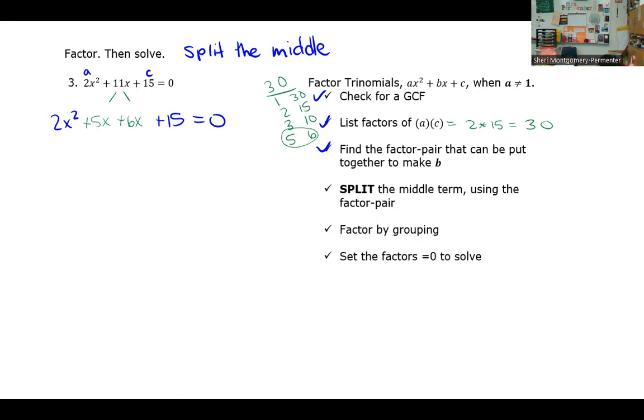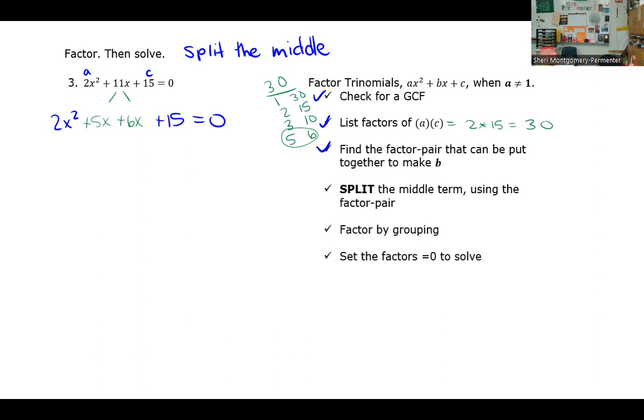So do you agree that 11 is the same thing as 5 plus 6? Right? So all we're doing is once we split the middle, how do we factor when we've got 4 terms? If you combine like terms, you're going to end back up here. So now we need to factor by grouping. So we just made this into 4 terms so we can factor by grouping.